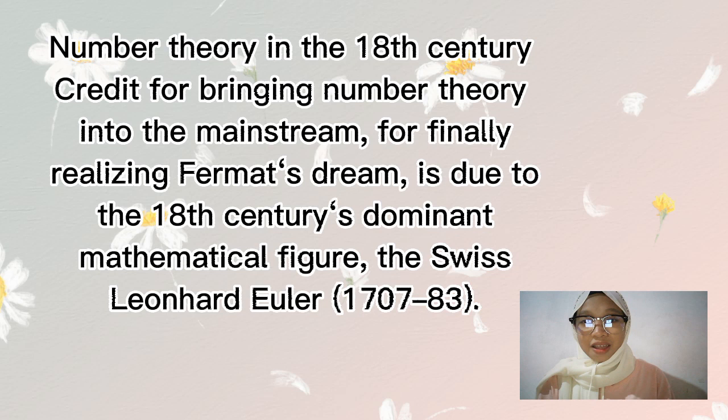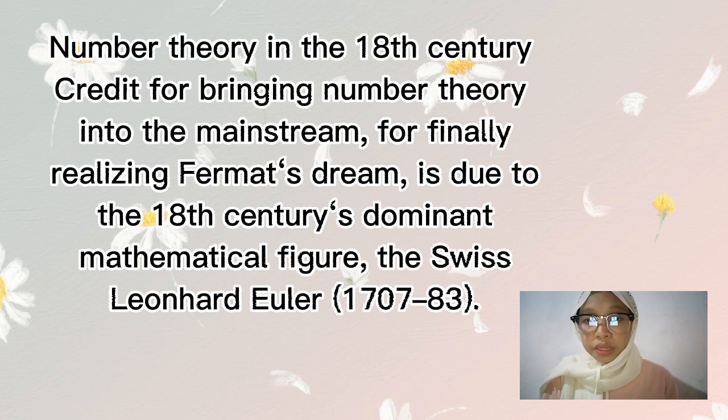Euclid gave number theory a mathematical legitimacy. The progress thereafter was rapid. In 1770, for instance, Joseph Louis Lagrange proved Fermat's assertion that every whole number can be written as the sum of four or fewer squares.